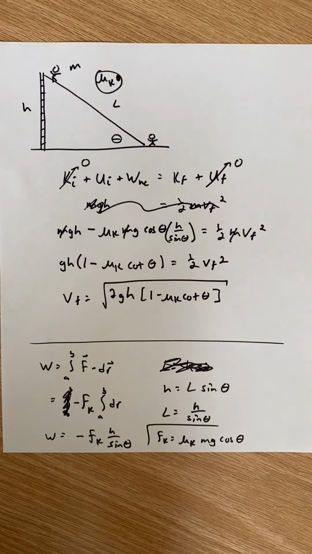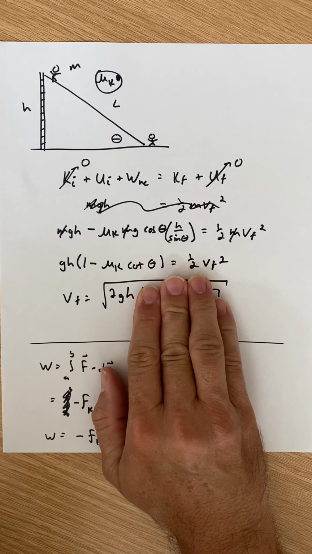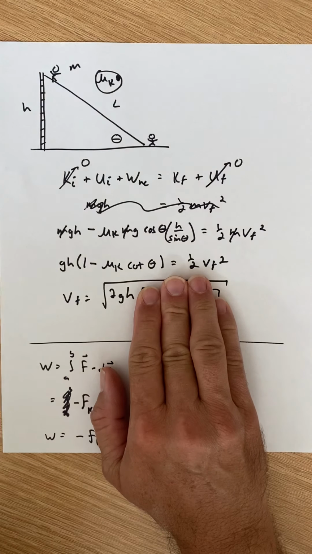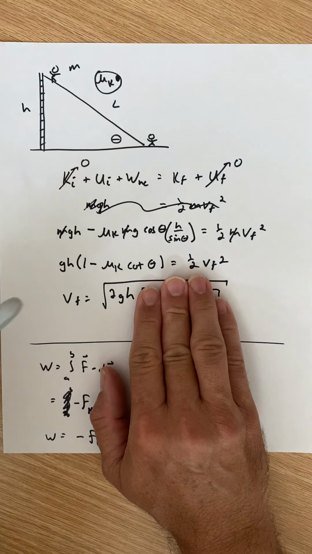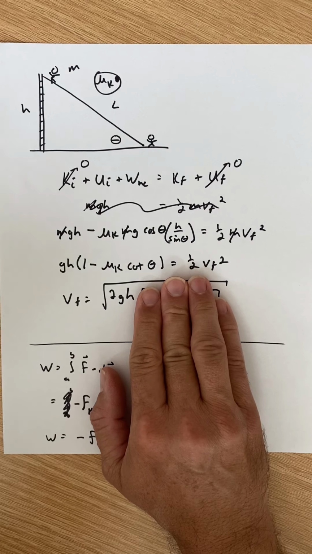In the previous two results where I had no friction, I found v final is equal to root 2gh. I said because of the force of friction, I'm going to expect to lose energy. That is, I expect my final speed in this case to be less than my final speed previously.